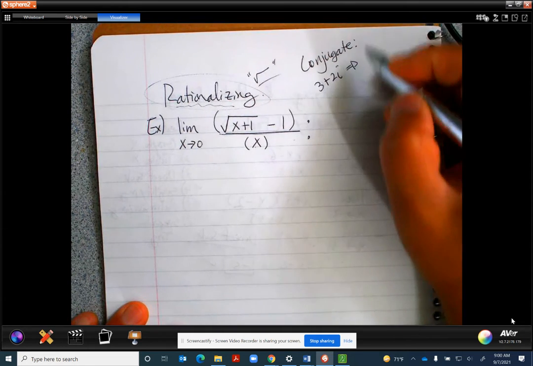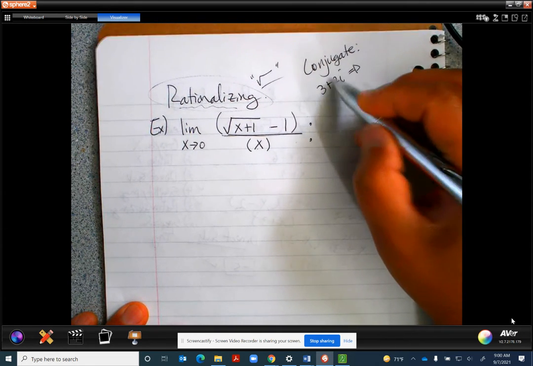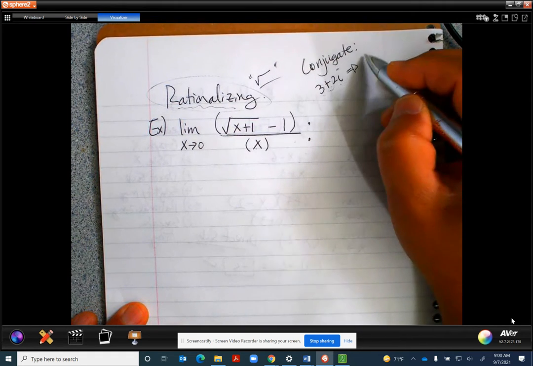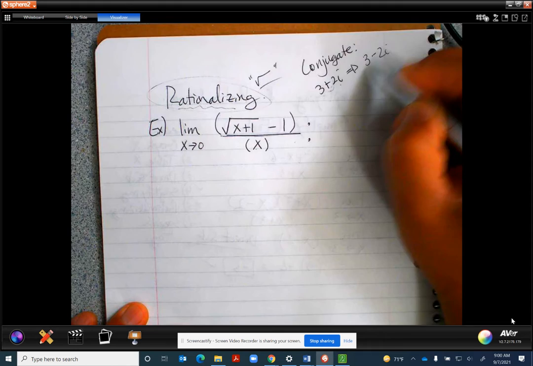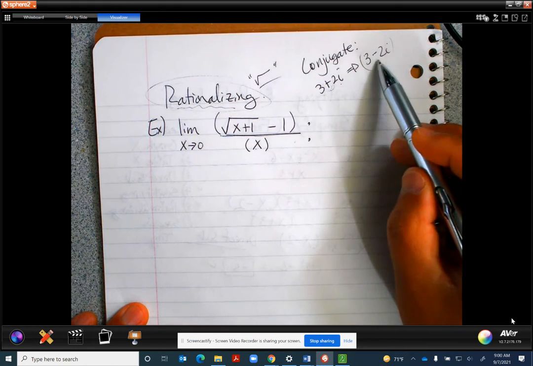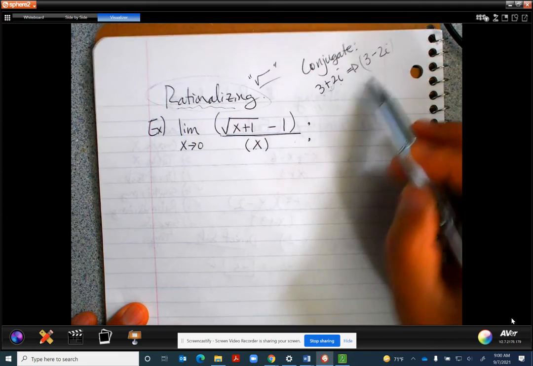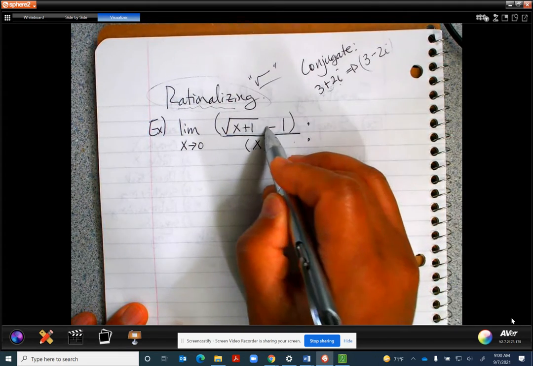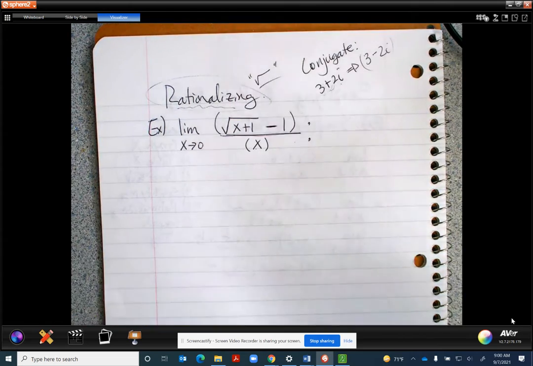No? Okay. So conjugate is just changing the middle sign. If you have 3 plus 2i, it is 3 minus 2i. That's all you need to do. If this is a minus, you just need to change it to plus, vice versa. Does that make sense? So conjugate is pretty easy. You just need to change just the middle sign, not everything else, okay?